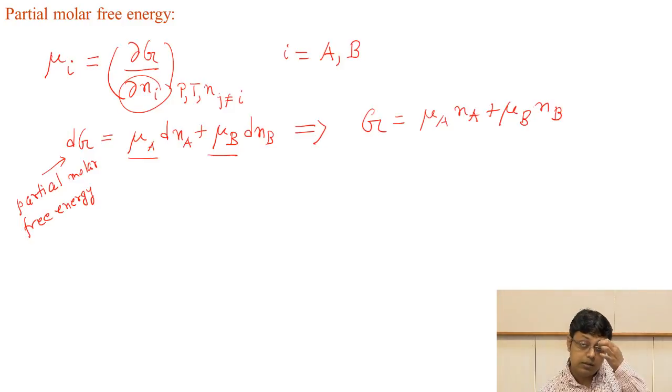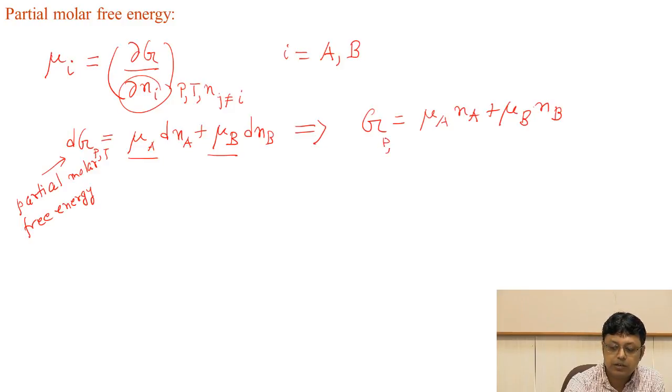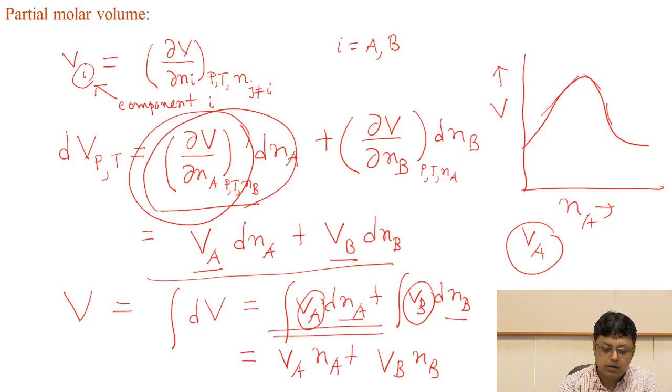Now, an interesting thing to note here is that we already know the expression for dG. So remember that this dG is at constant pressure and temperature, that we should always keep in mind. So just like here also, we should always write that it is at constant pressure and temperature.